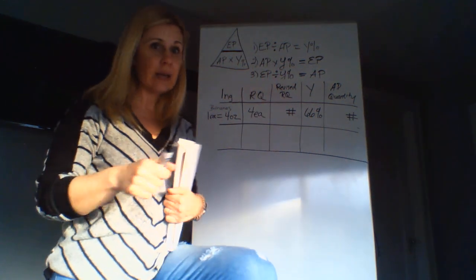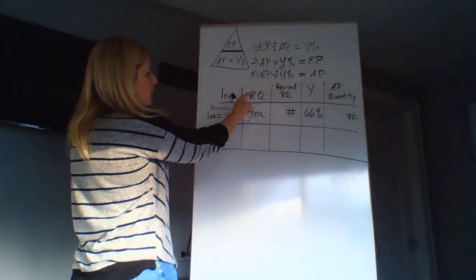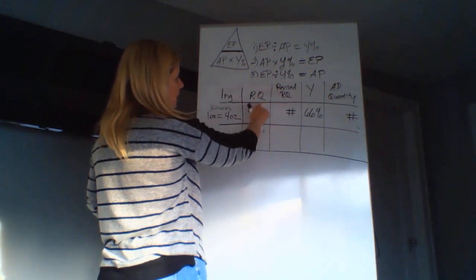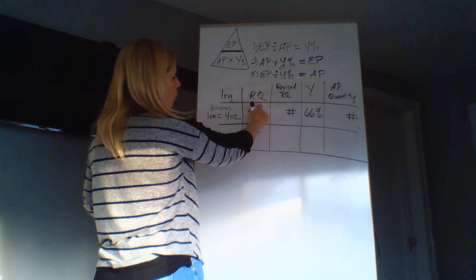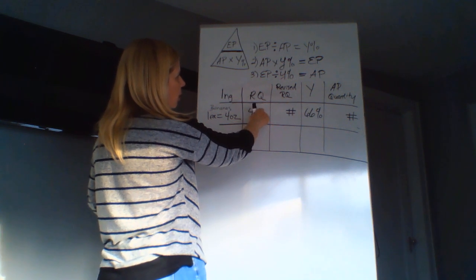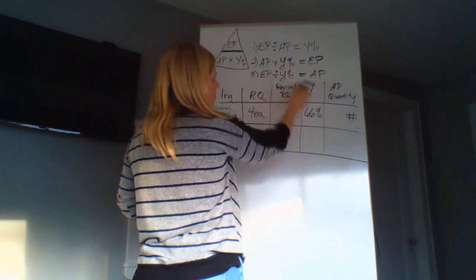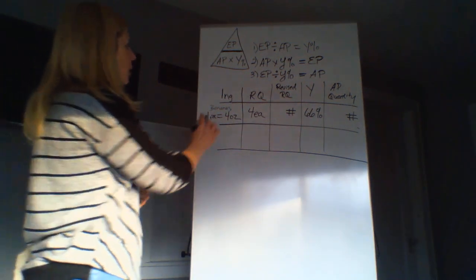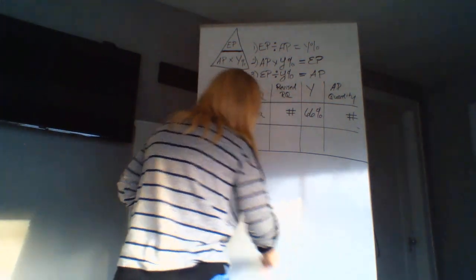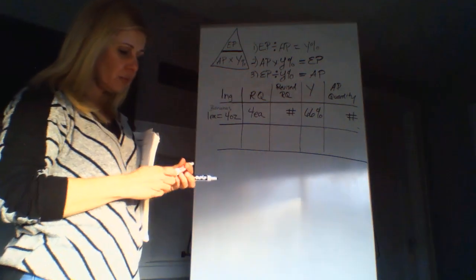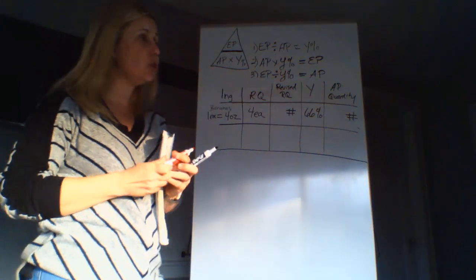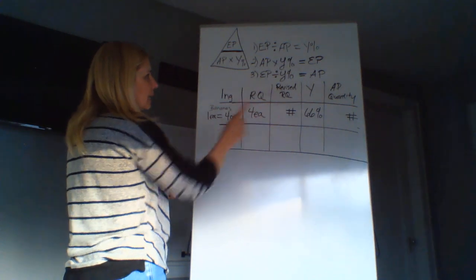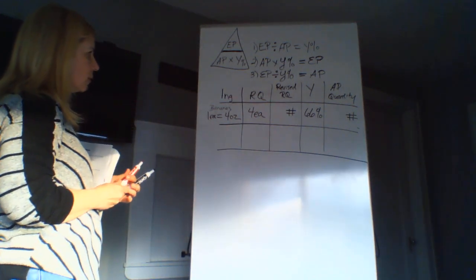The formula we will be using is EP, because this is the way the recipe is written, an EP quantity divided by yield percent will give us the AP quantity. But I just told you that if the recipe quantity is written by eaches, then you do not need a yield percent, okay?